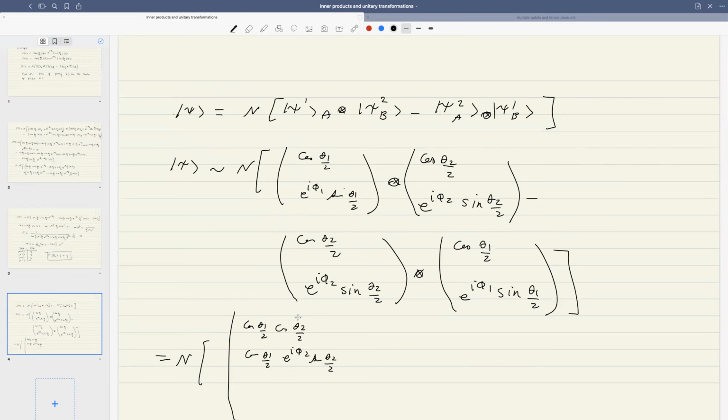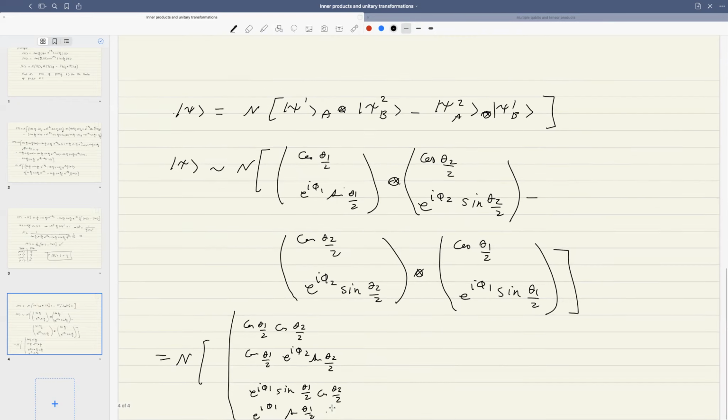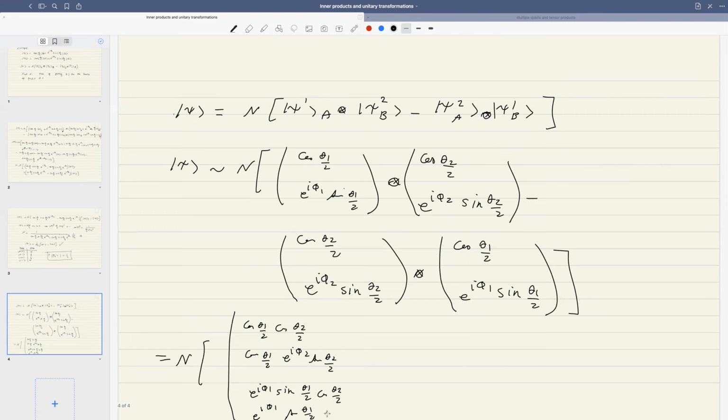Then you have this element, so e to the i phi 1 sine theta 1 over 2 multiplying first cosine theta 2 over 2. And then here I'm going to get e to the i phi 1 sine theta 1 over 2, e to the i phi 2 sine theta 2 over 2.